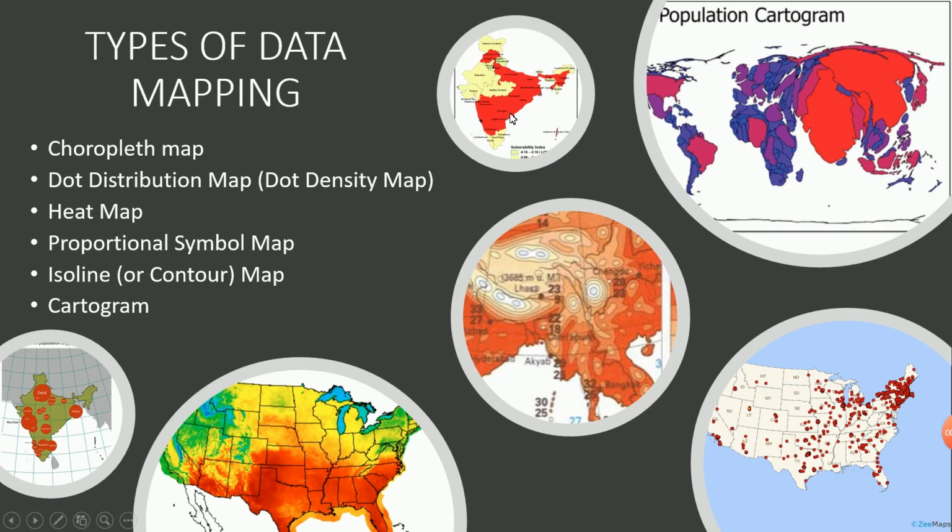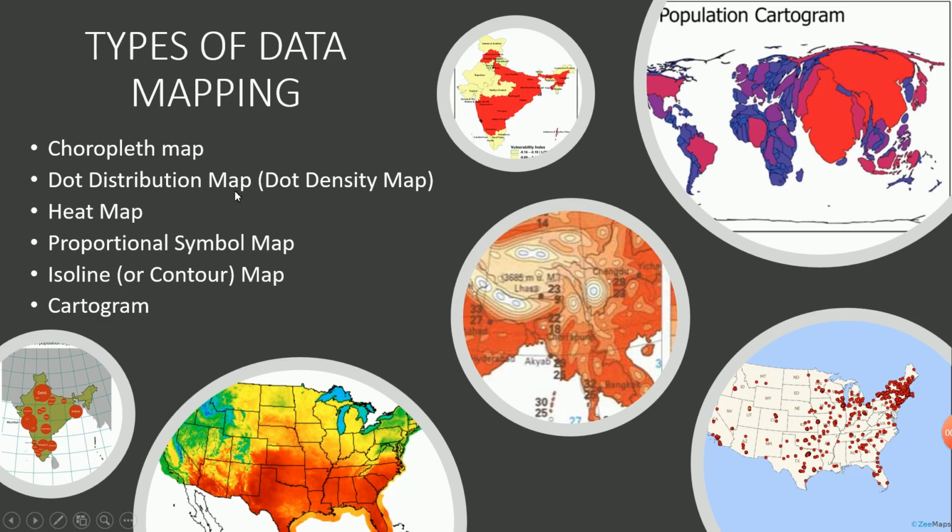So the red denotes something, yellow denotes something. Gradually with each state the color might vary, some darker, some lighter. This kind of mapping is known as a choropleth map.